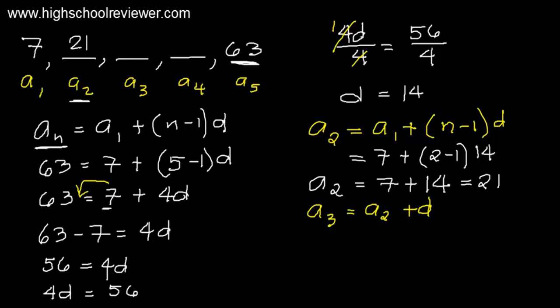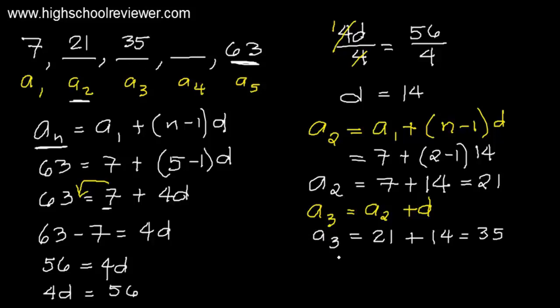What is our value for a sub 2? We have 21, and our value for d is 14. So 21 plus 14 will be equal to 35. So a sub 3 is equal to 35.